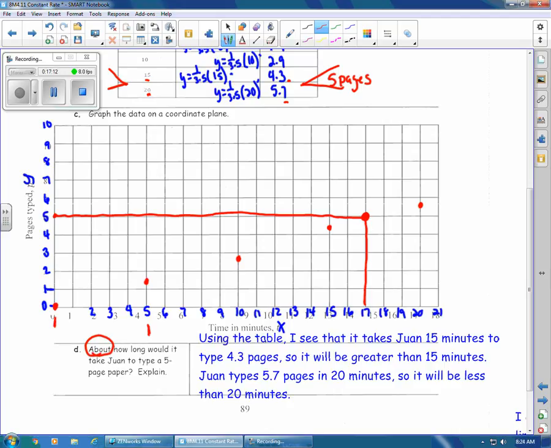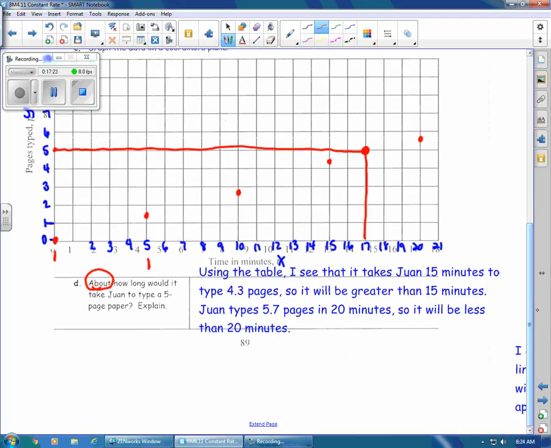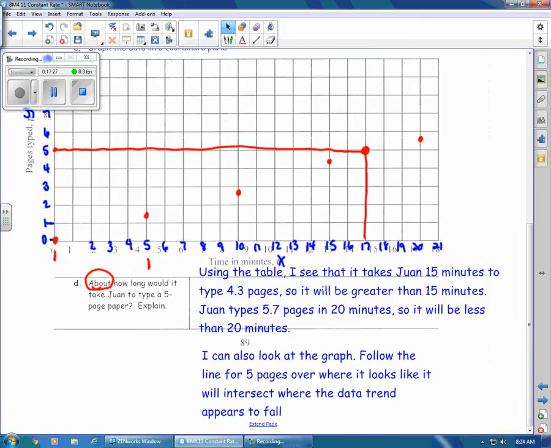Somewhere right around there is where we're going to be, between 16, maybe 17 minutes for Juan to type those 5 pages. So again, I can use the tools that I have to estimate. So that's how I would do this.